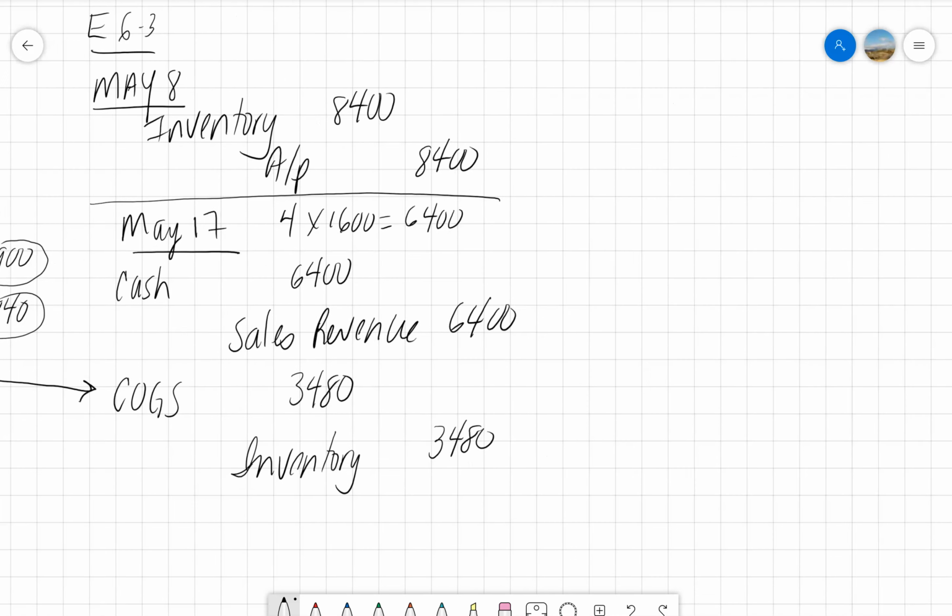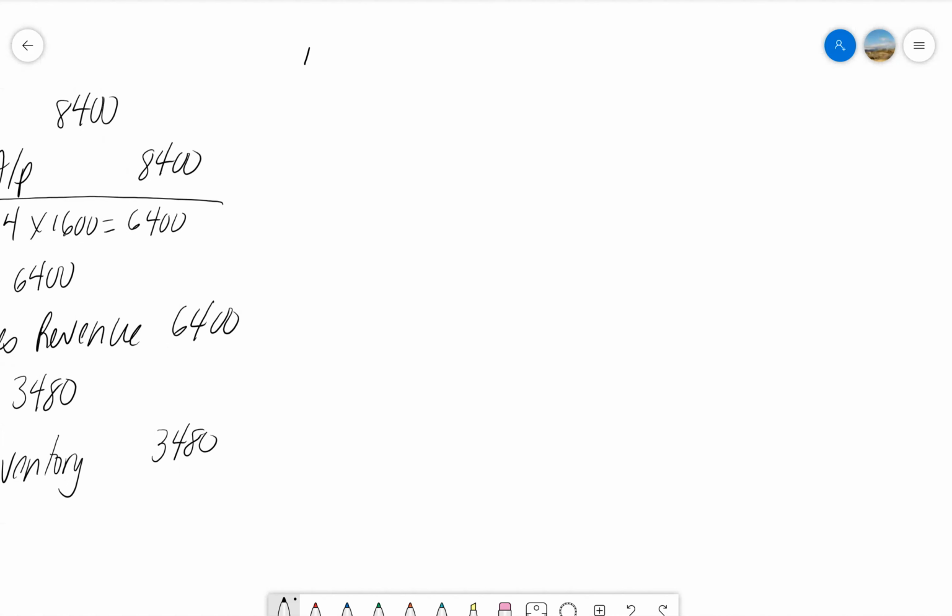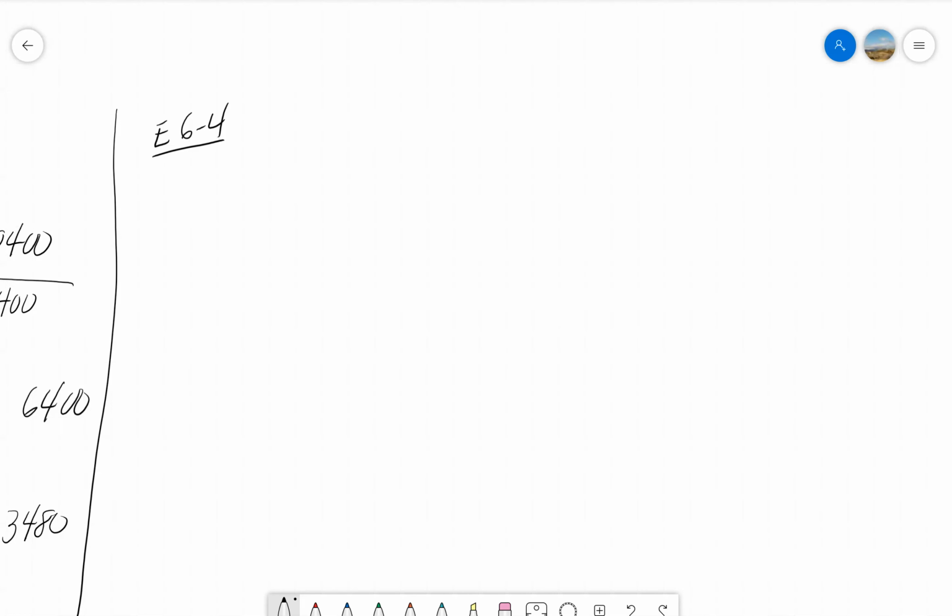So let's take a look at exercise 6-4. Now, once again, all I want to do is demonstrate this by using an inventory T account. And all we're going to just show you is how the average cost changes and how we calculate the cost of goods sold.